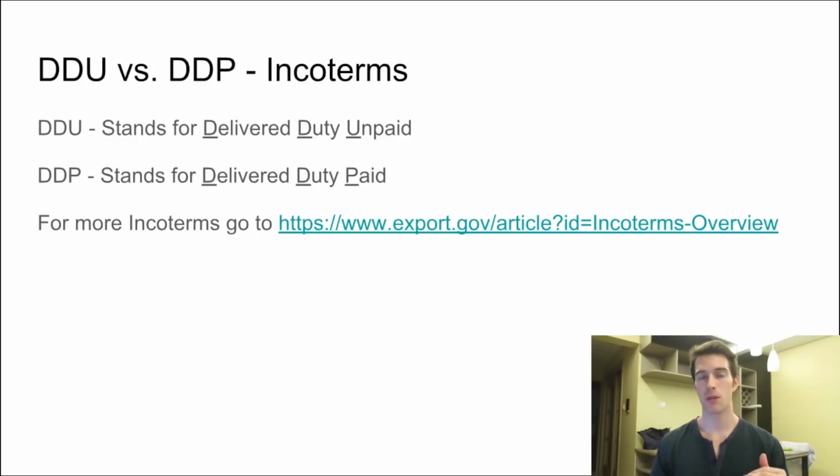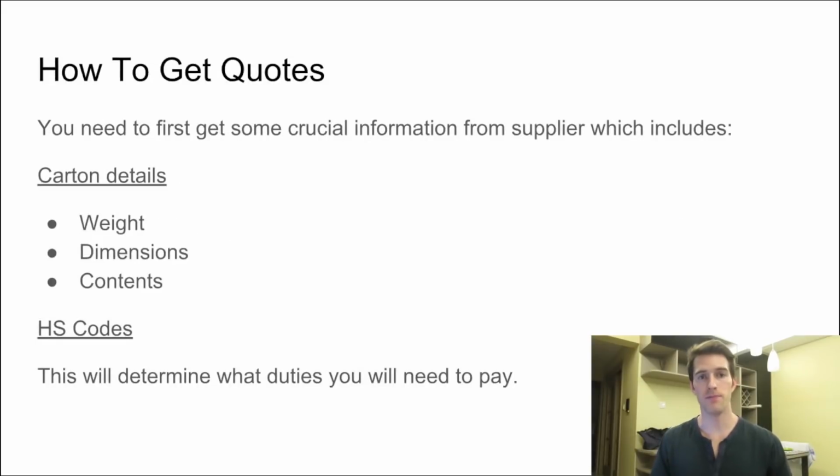Okay, so now that we've covered some of the most basic terms, we're going to jump into how you actually make all this work. When you're doing your product research and you source the product, it's important to figure out all of the costs that are involved. A very common beginner mistake is you find a product that looks great, the price on Alibaba looks great, you place an order, they start making it, they finish production, and then after everything's done, you go and get your shipping quotes, and it ends up being astronomically expensive.